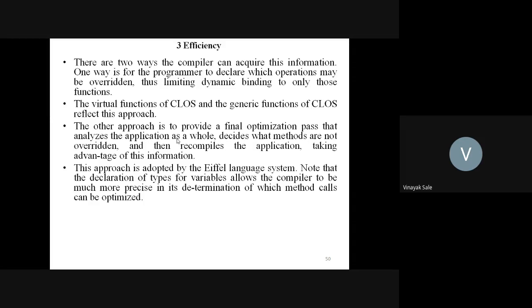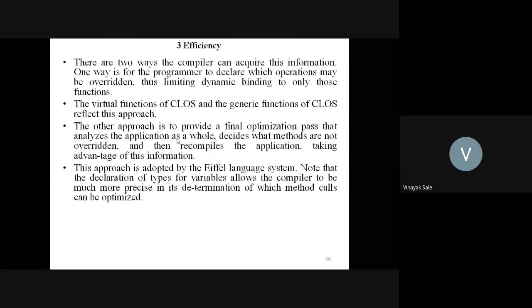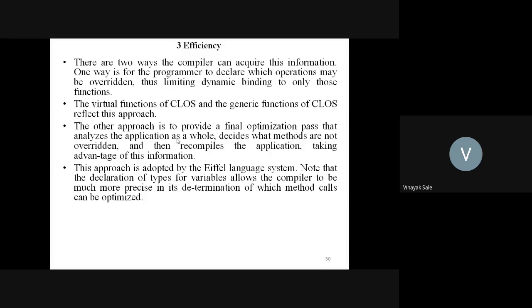The other approach is to provide a final optimization pass that analyzes the application as a whole, decides what methods are not overridden, and then recompiles the application taking advantage of this information. This approach is adopted by the IFA language system.